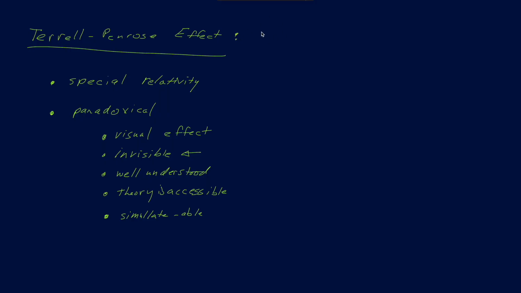The Terrell-Penrose effect. Well, it is simply this. If I have a rapidly moving object, and by rapidly I mean approaching the speed of light, which is a rare thing, of course, hard to achieve, a rapidly moving object appears to an observer deformed.